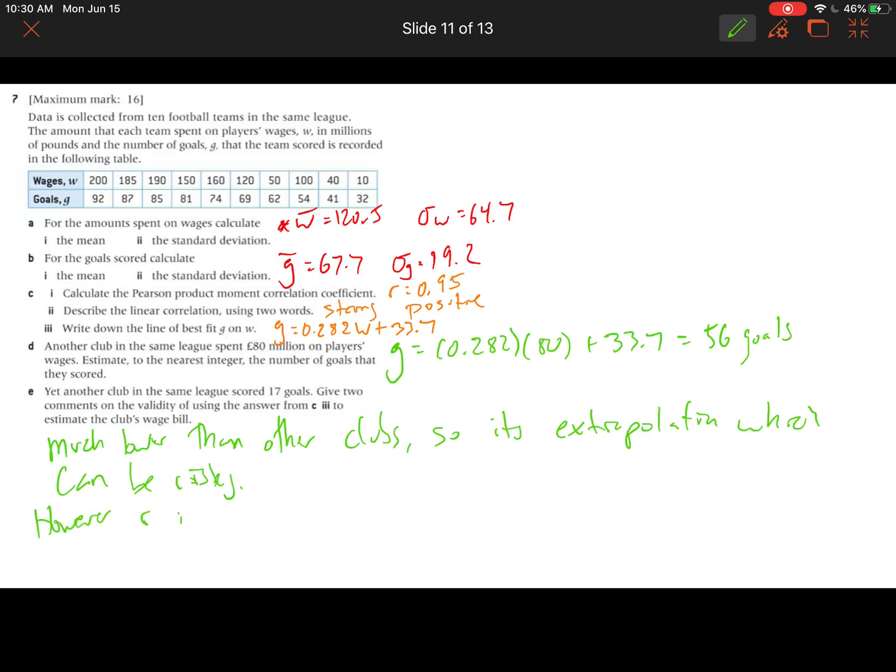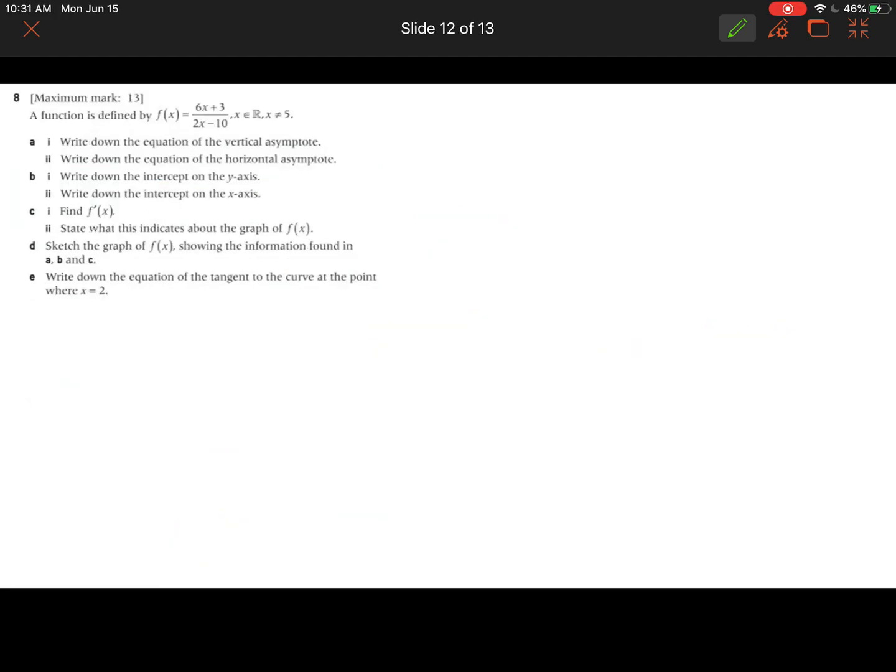However, our correlation is quite high, so it might be better than other extrapolation cases. I don't know what kind of things we're looking for there. That's what I would say.